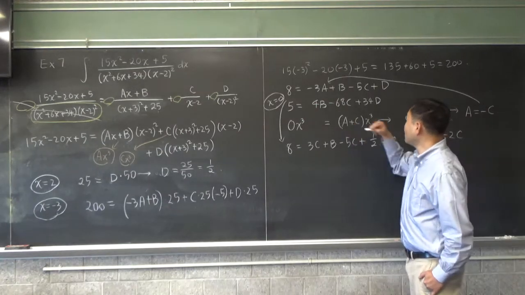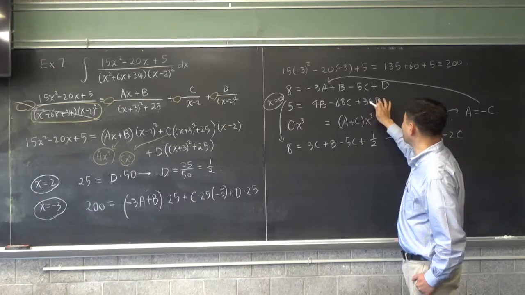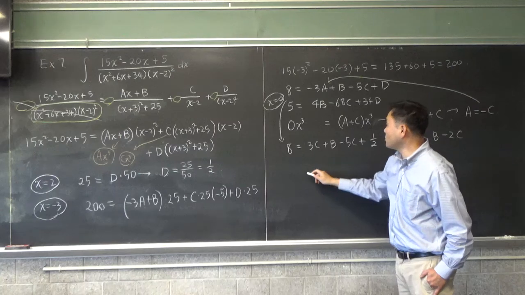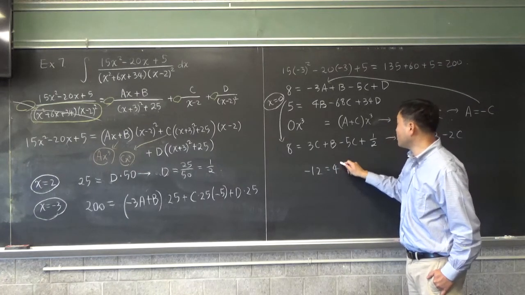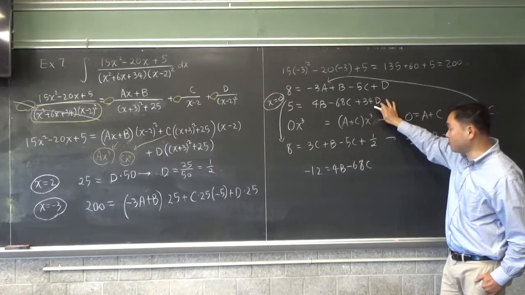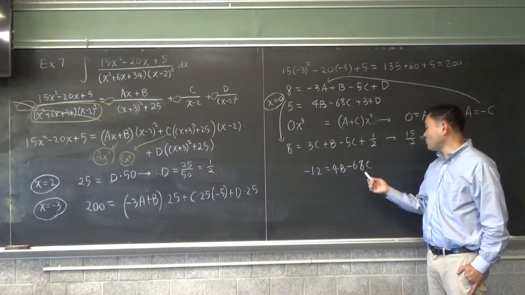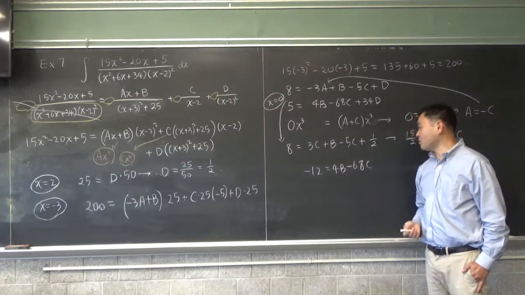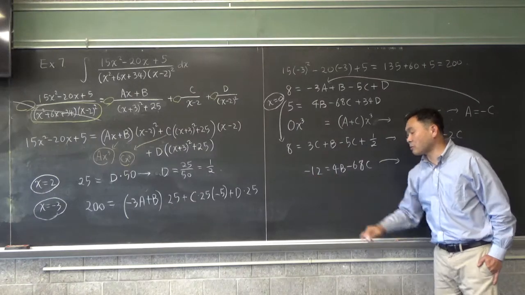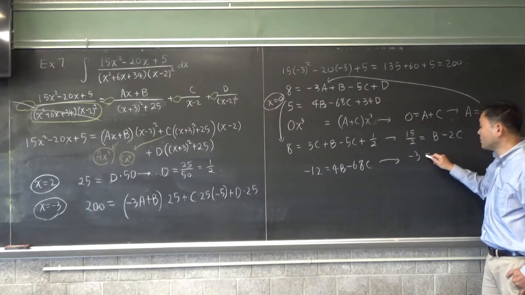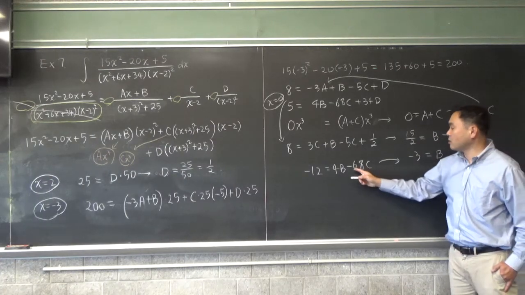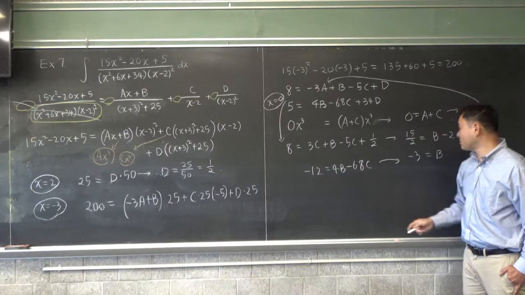Now for this one, if I put 1/2 here, that's 17. Subtract, that's going to be negative 12 equals 4b minus 68c. That's after plugging in 1/2, right? Oh, but then you see that every one of these numbers is divisible by 4, so let's divide by 4. Negative 12 divided by 4 is negative 3. 4b divided by 4 would be b. 68 divided by 4 would be 17.